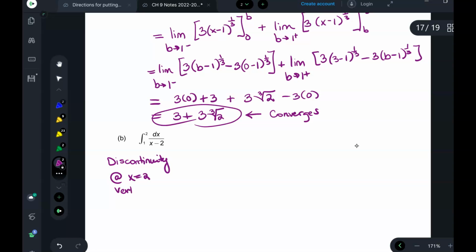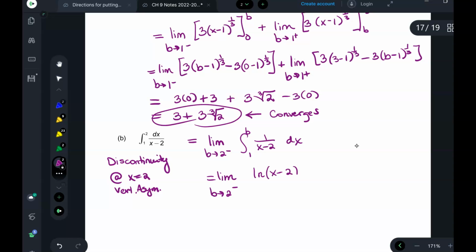So this one's actually shorter than the last one, because if I think about it, I want 2 from the left, and we want from 1 to b of 1 over x minus 2 dx. So I have limit as b approaches 2 from the left, that's going to be natural log of x minus 2 evaluated from 1 to b.